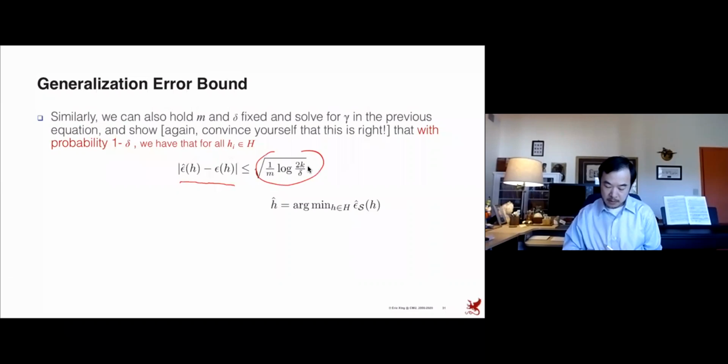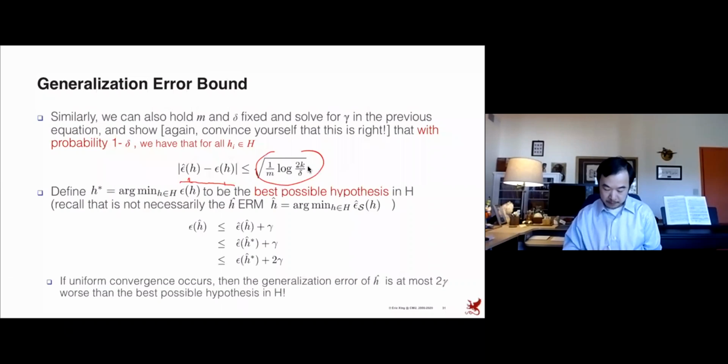And then you can actually see that the differences between this and that can be bounded by these quantities. Now let's see how far your generalization error of an estimated hypothesis can be away from the best possible options you have in your hypothesis space.